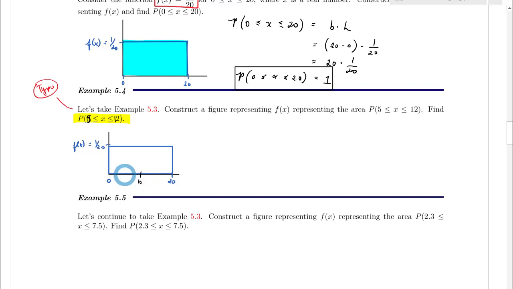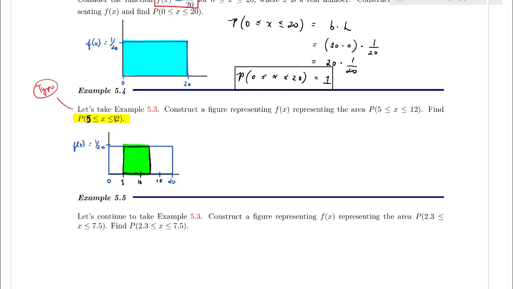So here is 10, here's 5, and then 15. So here's 5, and 12 is about right, almost a little halfway. And if I shaded that area, it looks like just a little box inside. So notice my area should not be 1, right? It should be smaller than 1 because I'm not taking the entire area as I did up here.